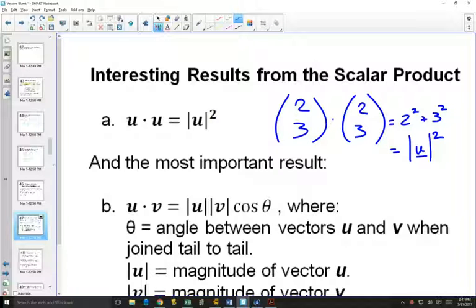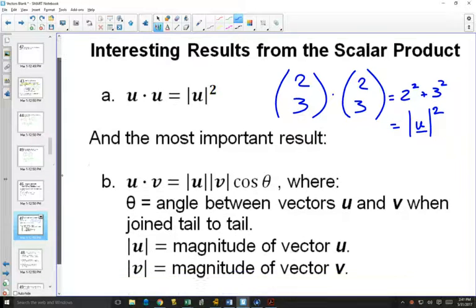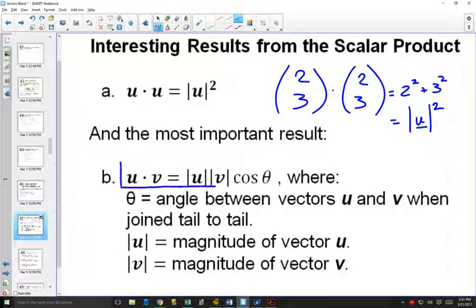Which is kind of interesting, but the craziest, most important, interesting result that we get from the dot product is this. If I do the dot product between two vectors, it happens to equal the length of one times the length of the other times cos of the angle in between.